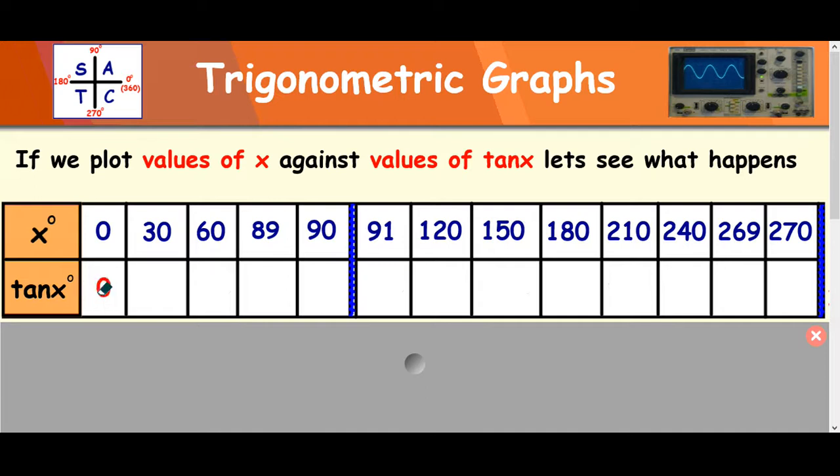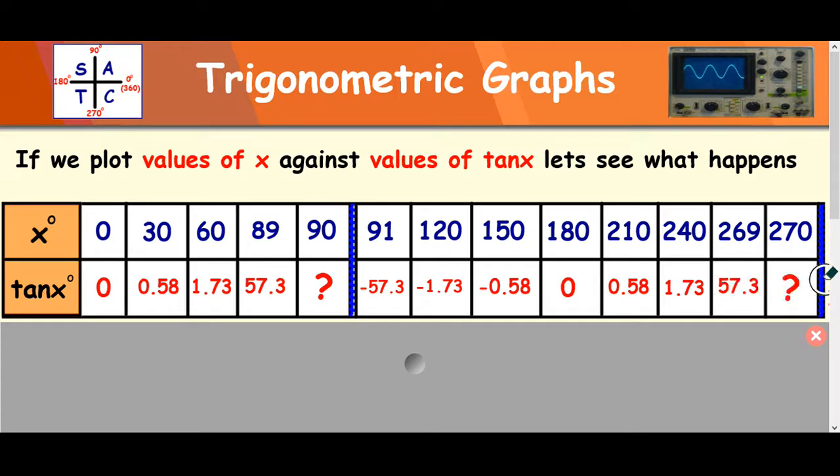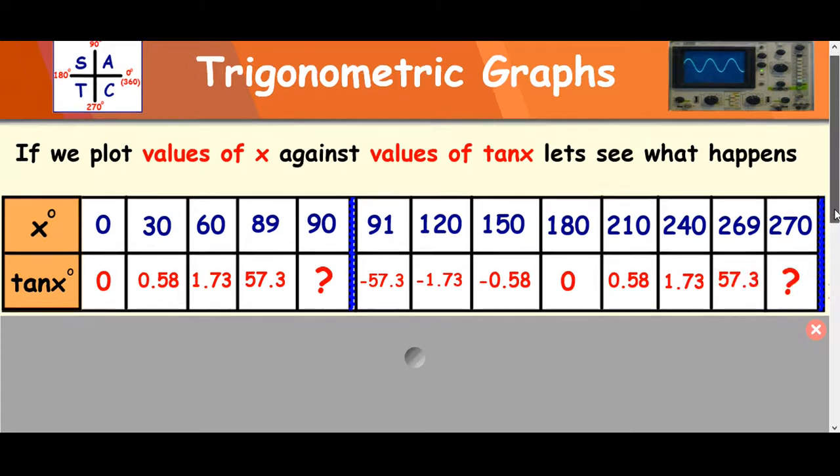So tan 0, if you type in your calculator, 0, 0.58 for 30, 1.73, 89 gives 57.3. If you put 89 point something, you'll get big answers. Tan 90 doesn't exist. You can go to tan 91, which will give you negative 57.3, and then so on. And these are the answers you're going to get. Again, tan 270 doesn't exist.